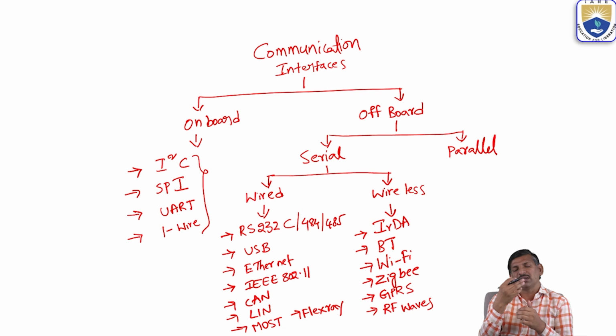Like that, in the TM4C123GH6PM, the chip contains I2C, UART, and other communication peripherals on board. Based on requirement, we may use any one of them.